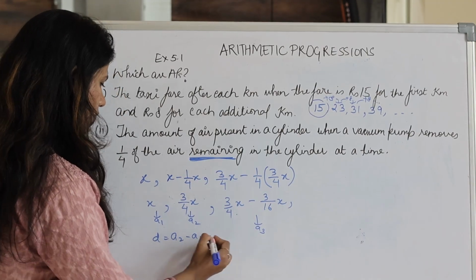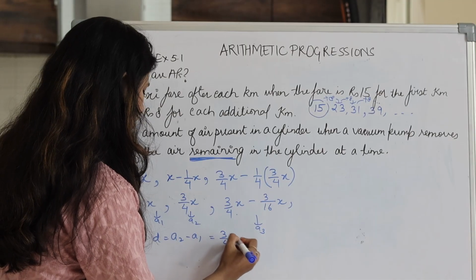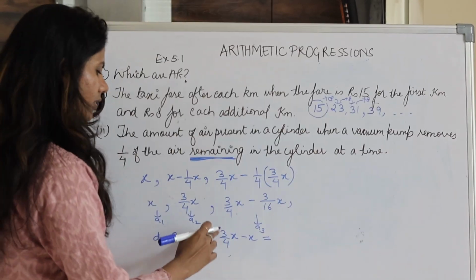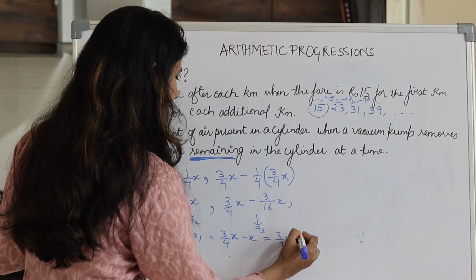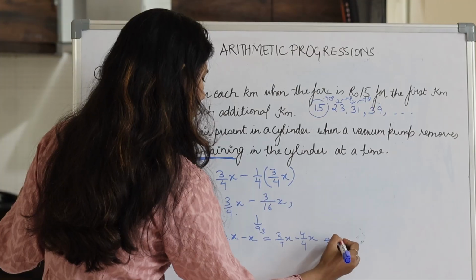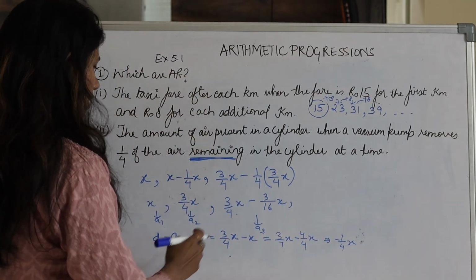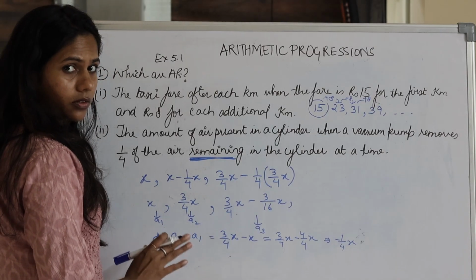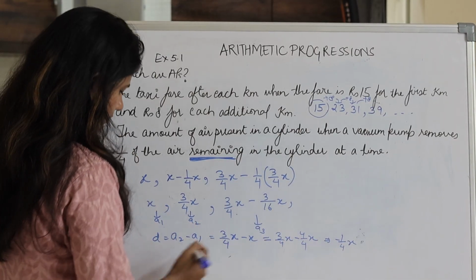We know that A2 is 3/4 X and A1 is X. If we subtract, it will be 3/4 X minus 4/4 X, which is equal to minus 1/4 X. Now we will see whether the difference is fixed. So we got D as minus 1/4 X.